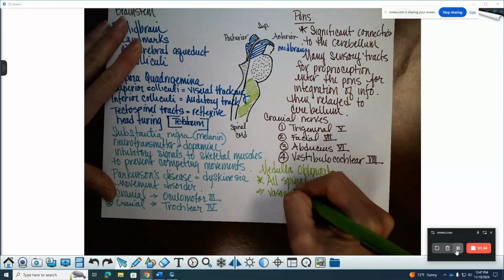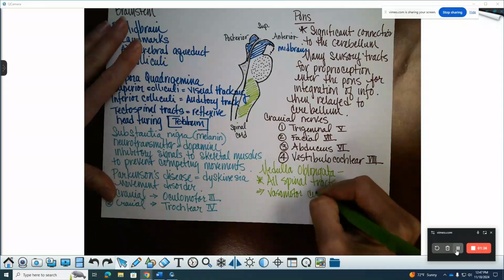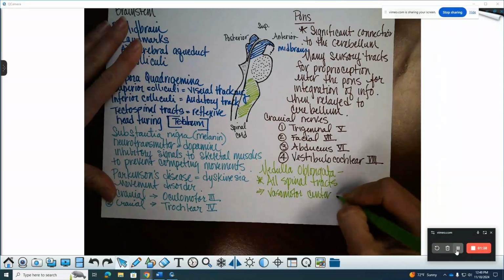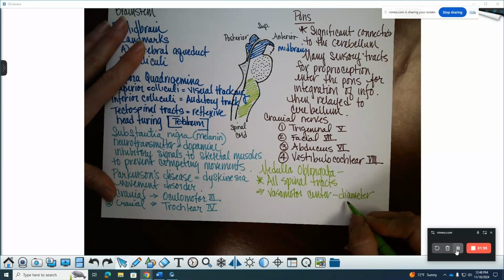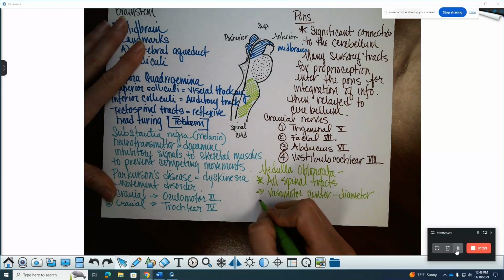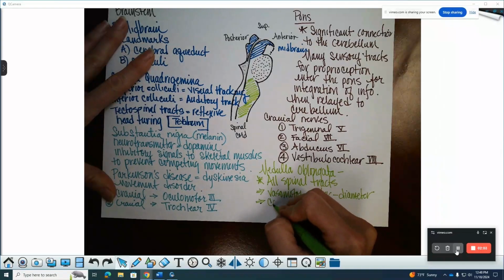One of these is called the vasomotor center. So this involves the diameter of blood vessels. So this is under the autonomic function of widening or constricting the diameter of those blood vessels, so vasovascular.